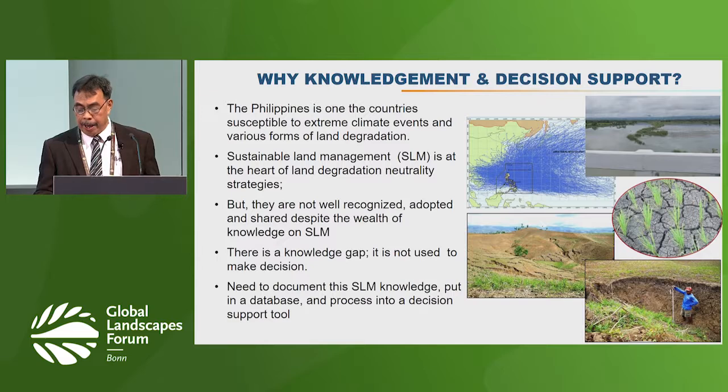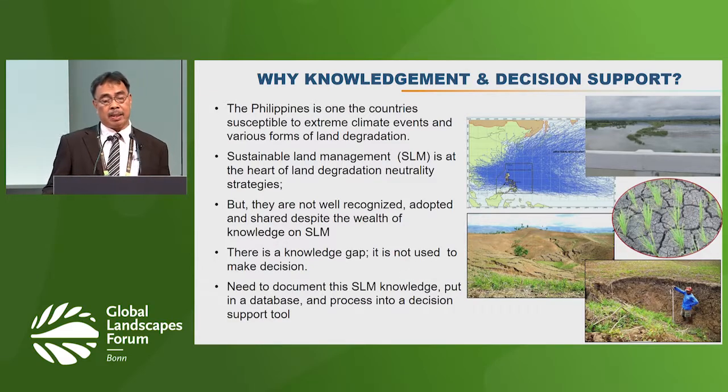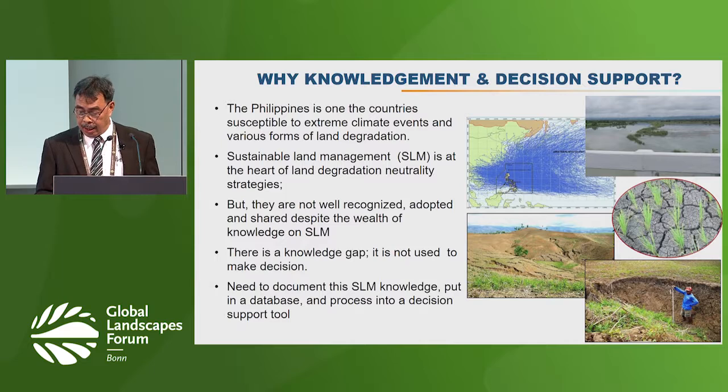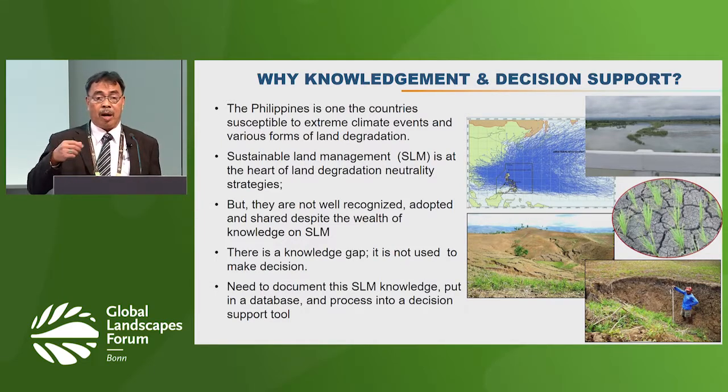And while sustainable land management is basically at the heart of land degradation neutrality strategies, and I could say that we have a wealth of knowledge as far as sustainable land management is concerned, the problem is they are not well recognized, not adapted, and shared to other land users.